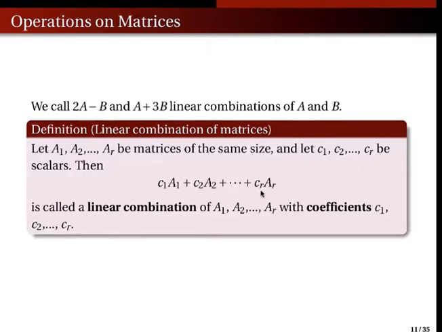Then you have this sum here, C1 A1 plus C2 A2 plus until CR AR. That sum is called a linear combination of A1, A2 until AR. And C1, C2 until CR, so these numbers, after writing it like this, are called coefficients. So C1 is a coefficient of A1, C2 is a coefficient of A2, etc. CR is a coefficient of AR.